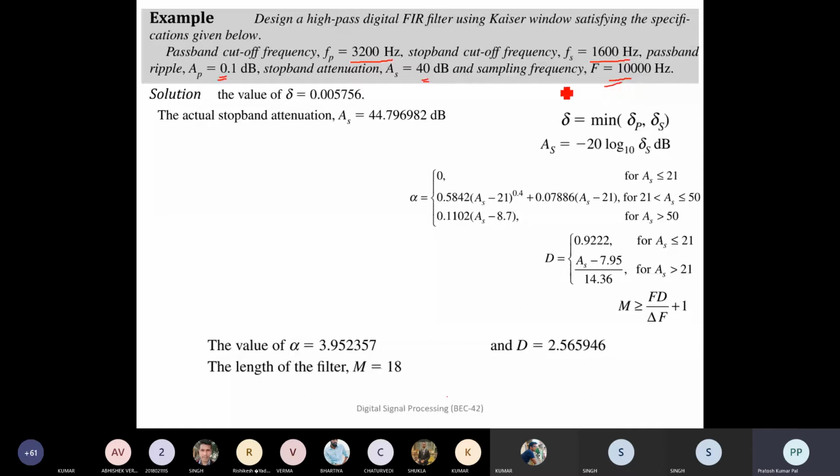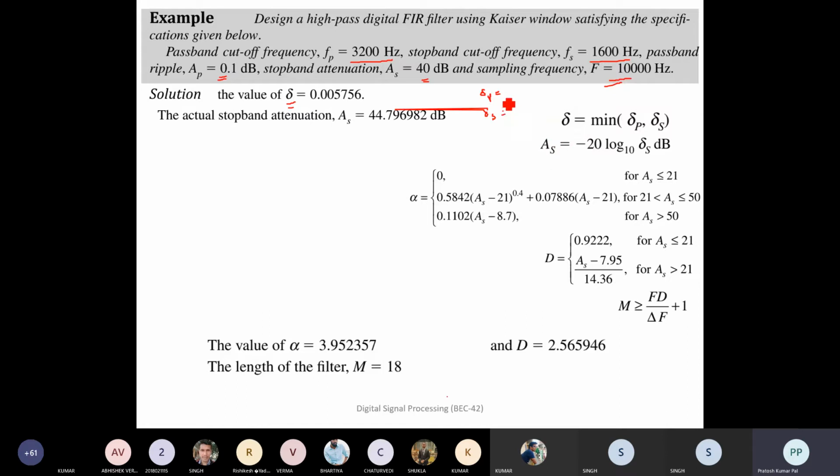Okay, so once these values are given, we have to follow the same steps. First of all, we will be finding the delta. The delta will be the minimum of delta p and delta s. Before that, we have to find delta p and delta s, which will be given by the formula, whatever the formula was.